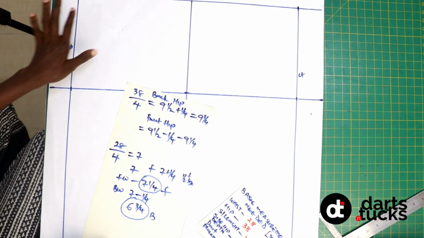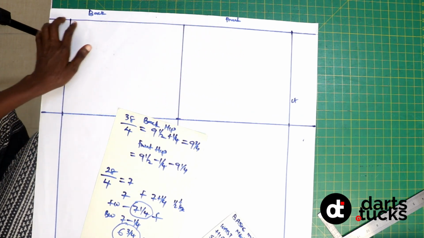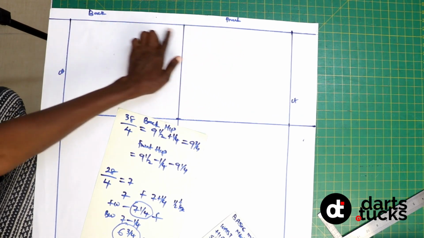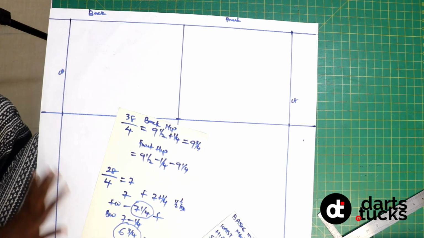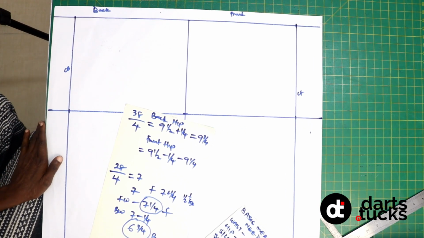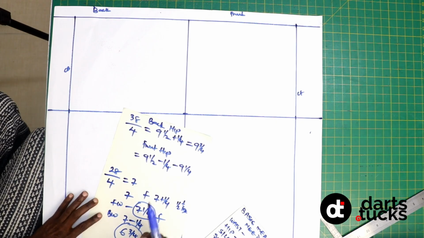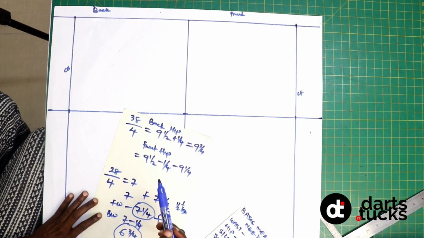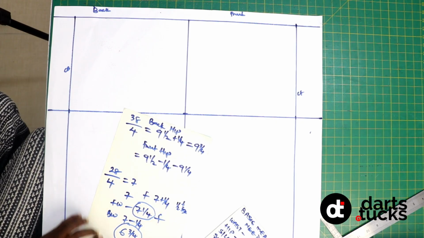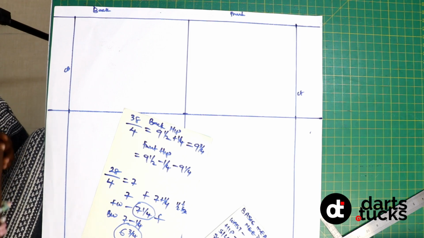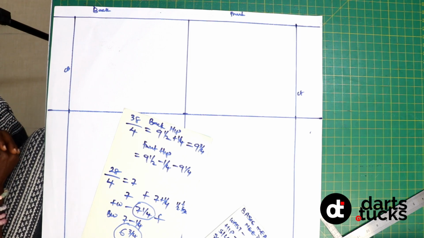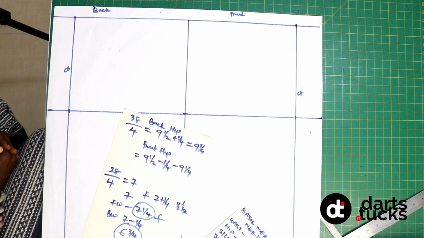So now I'm going to come to where I said it's my temporary waistline that I've put here, my starting point. So for the back, the waist measurement for the back is 6 3/4. And I said we normally add ease to any measurement, especially the circumference measurements.